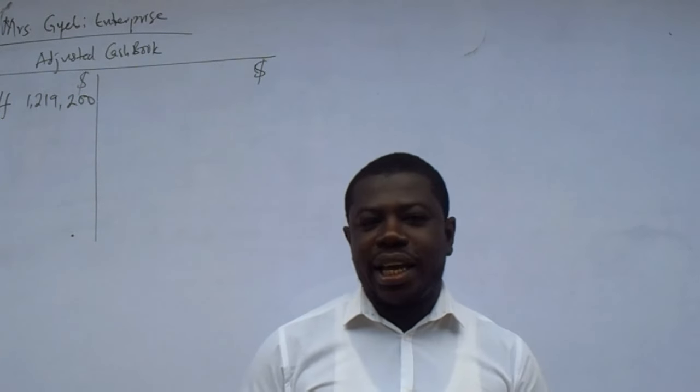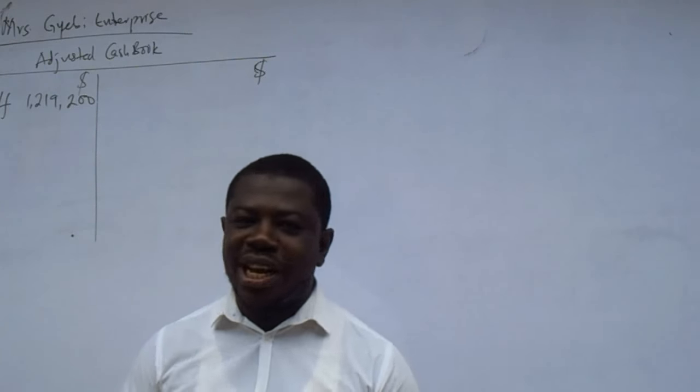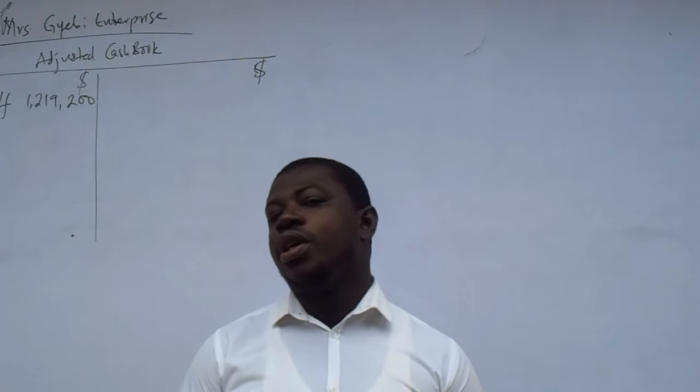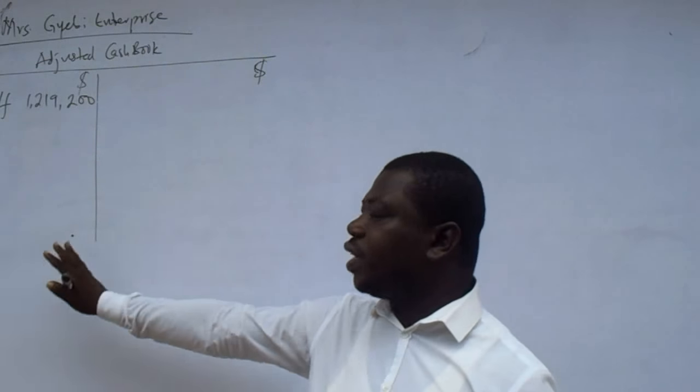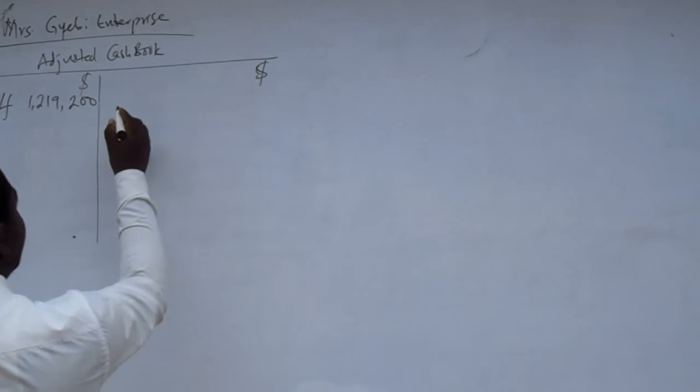We are told that all these were on record at the bank but were absent from the cash book. So this question is so simple that we are going to put all these things on the adjusted cash book. We start from the standing order payment.